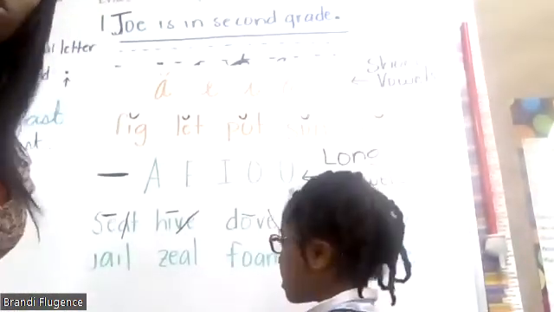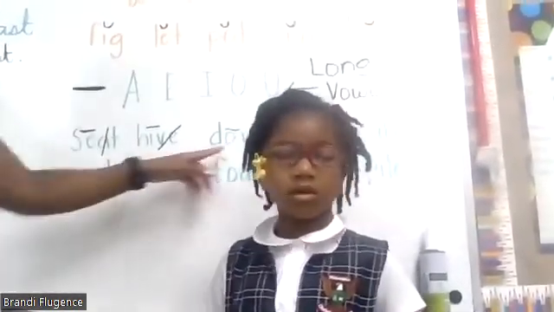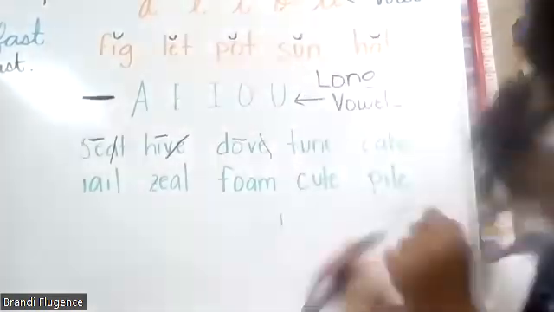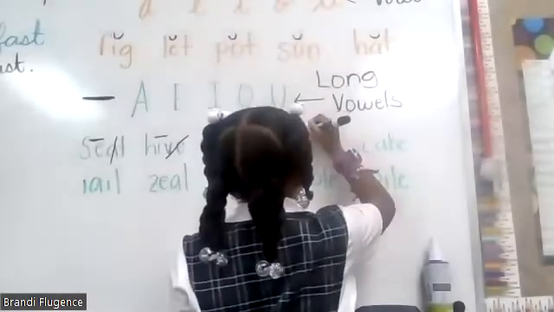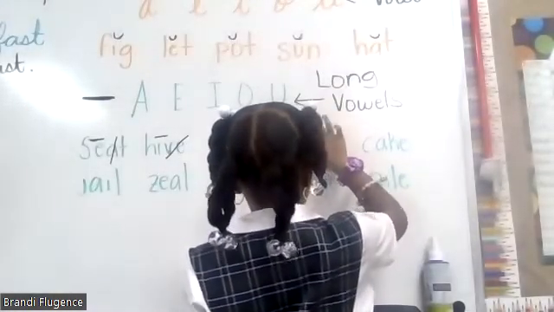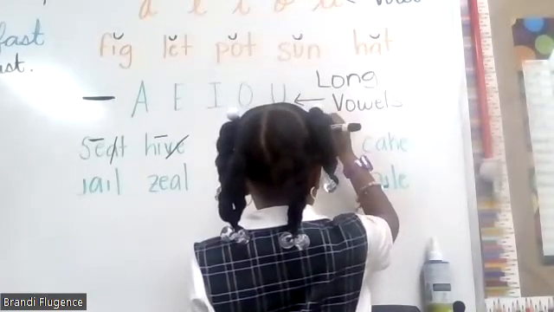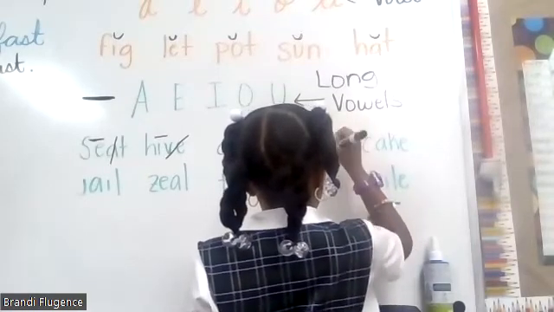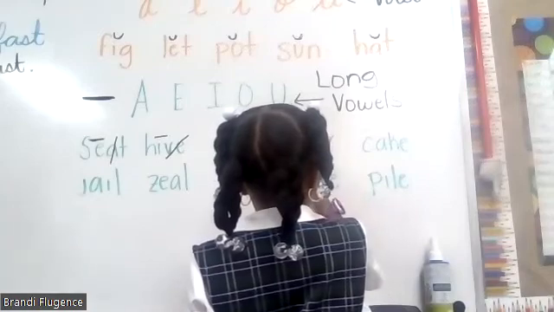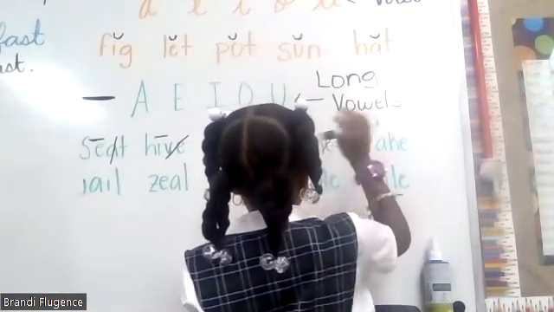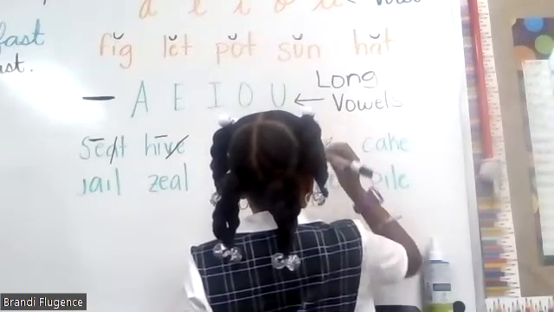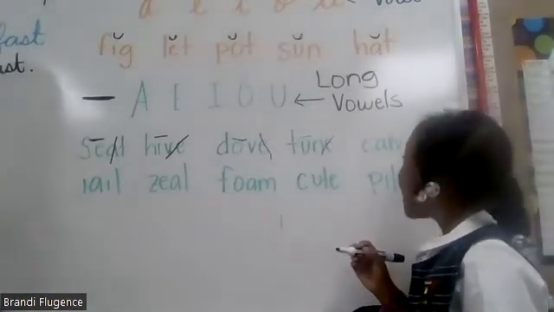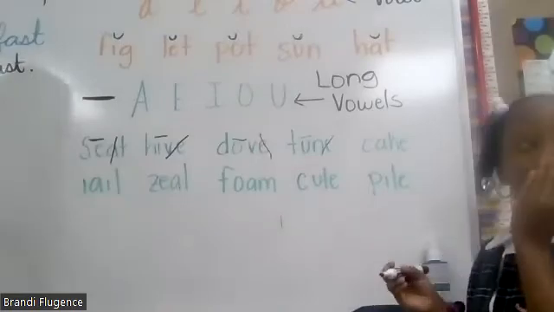All right, what's the word? Dove. We have a long vowel O, silent E. Next one. Okay, what's the word? Cube. Long vowel U, silent E. Good. Next one.